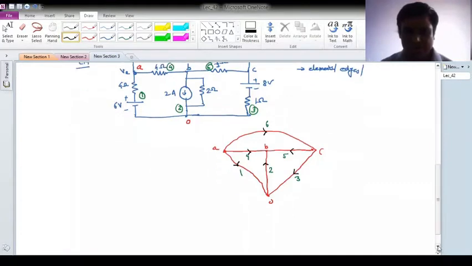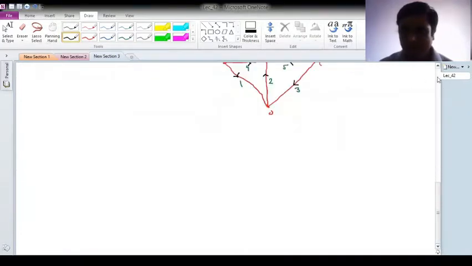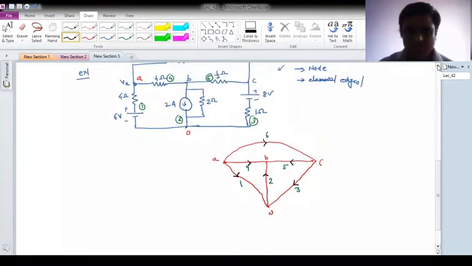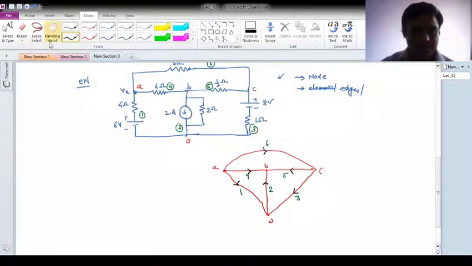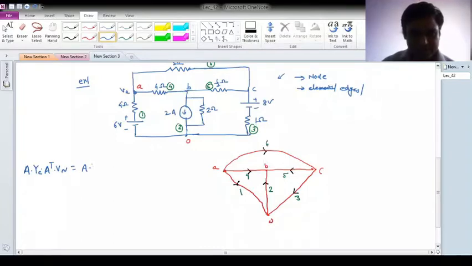So what was our derived equation? It was A into YE, into A transpose, into node voltages, which is equal to the reduced incidence matrix into the source current vector, plus again the reduced incidence matrix into YE, which is the admittance matrix, multiplied with the source vector.